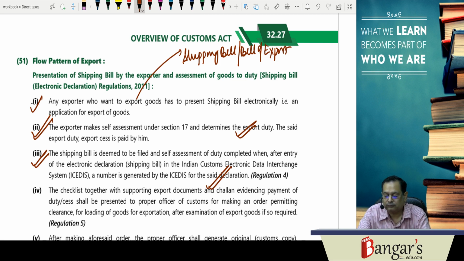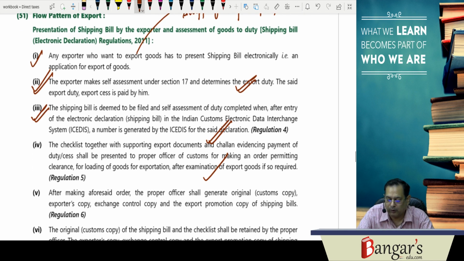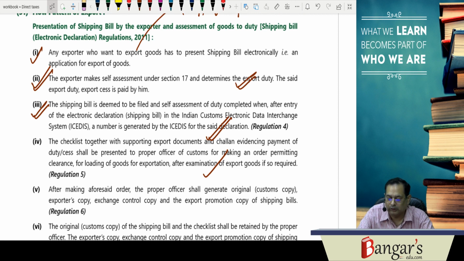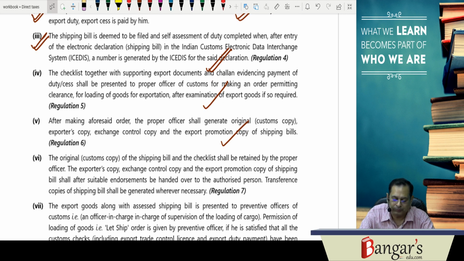Then the checklist together with the export documents and challans evidencing the payment of duty is presented to the proper officer of customs for making an order permitting clearance and loading of goods for exportation. After making the order, the proper officer will generate the original copy, that is the customs copy, exporter's copy, exchange control copy, and export promotion copy of the shipping bill.